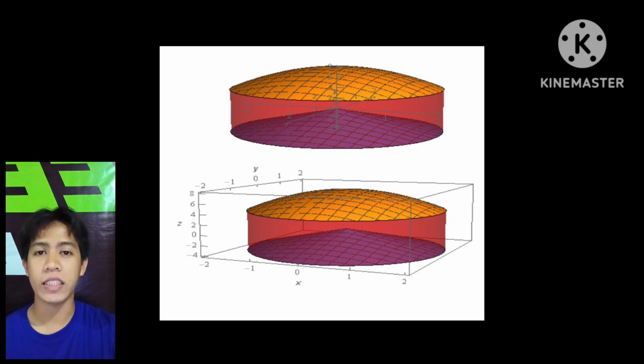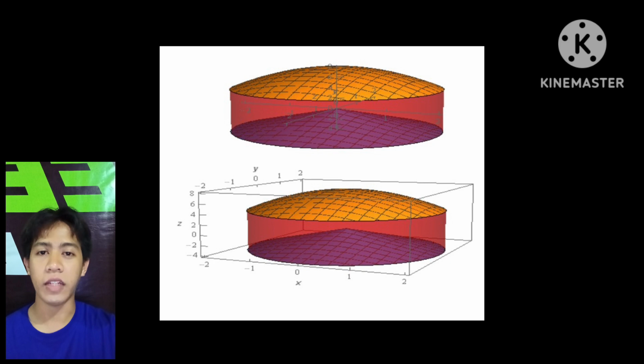We also have a sketch that includes both a traditional set of axes and a set of box axes. This will assist us in visualizing the surface within the region. The top of the region, the orange surface, is the portion of the graph of the elliptic paraboloid z = 8 - x² - y² that is inside the cylinder x² + y² = 4.